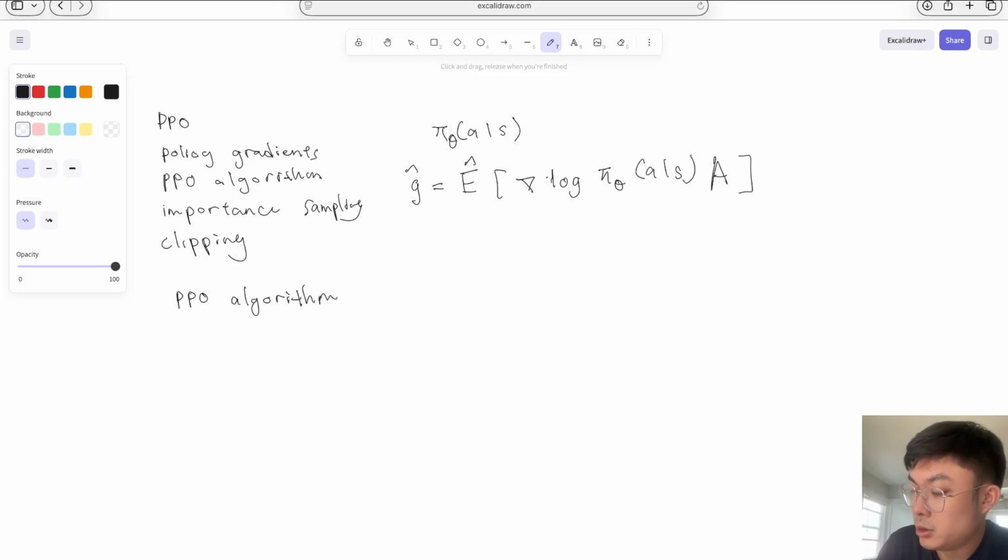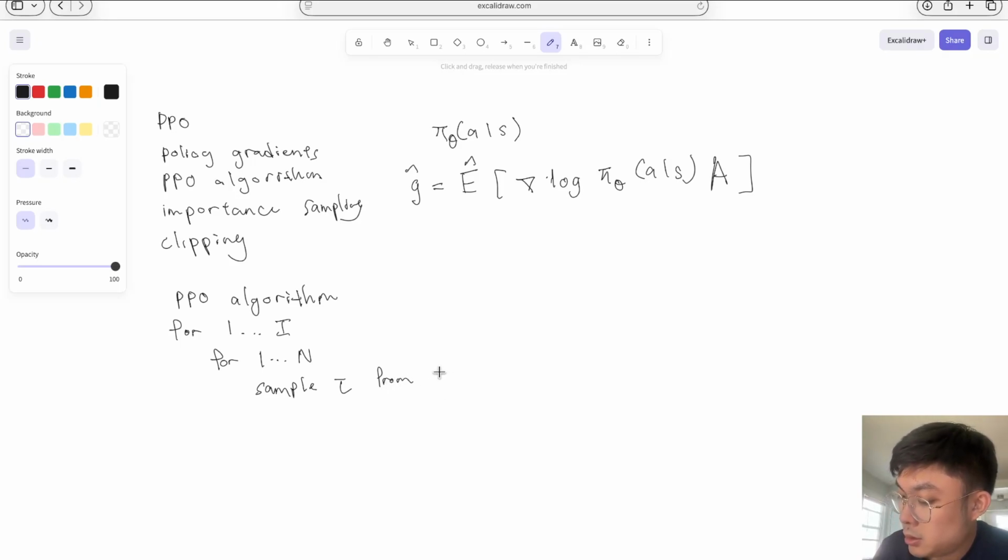One loop is for however many iterations, big I. Then we sample different trajectories: for n, the number of trajectories, we sample trajectories tau from the old policy, theta old, and then we compute the advantages of the different trajectories.